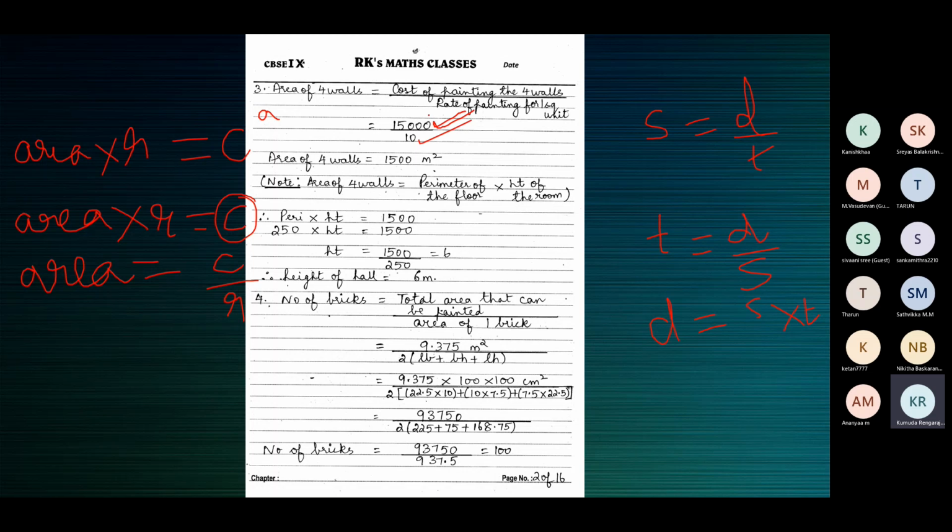So that means you have painted 1,500 meters square. That is, the area of 4 walls is 1,500 meters square. You can verify this. The area is 1,500 meters square and the rate is 10 rupees, so you incurred an expenditure of 15,000 rupees. Area is equal to cost by rate.